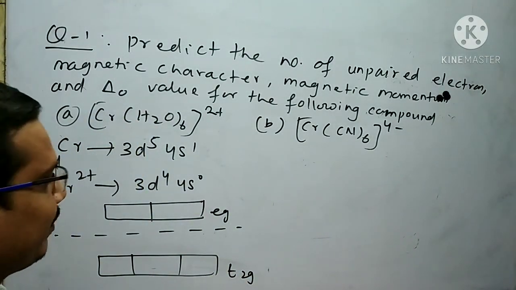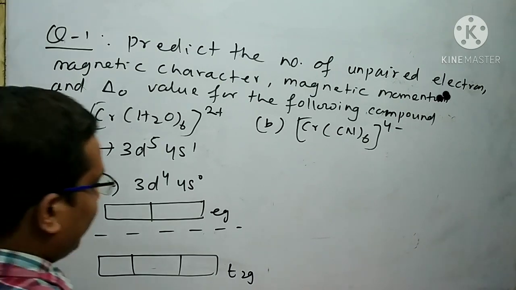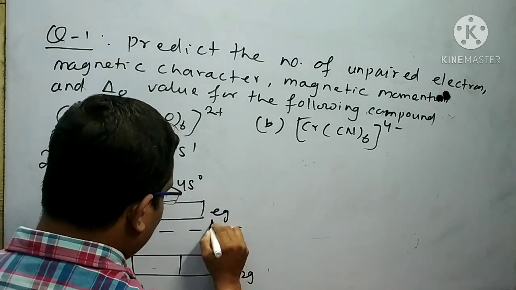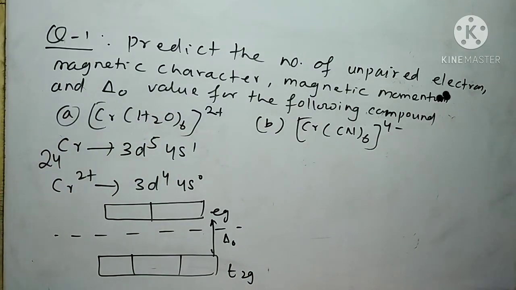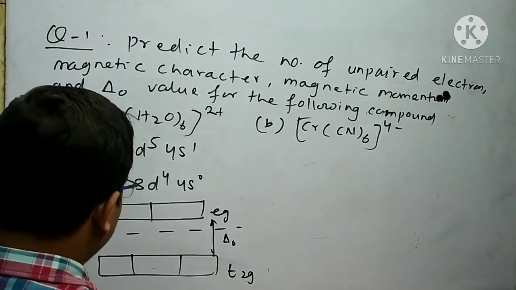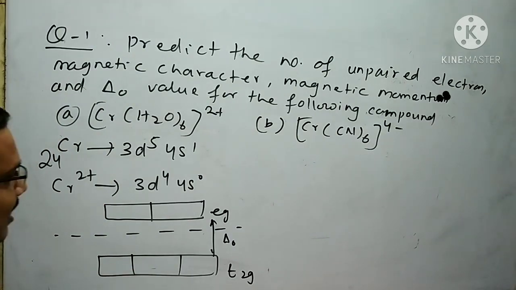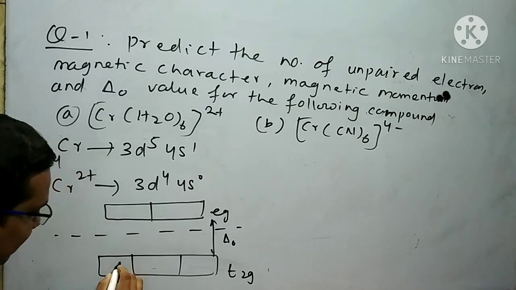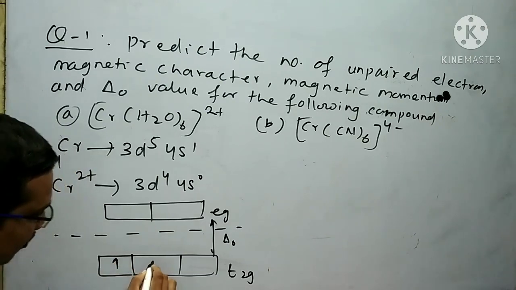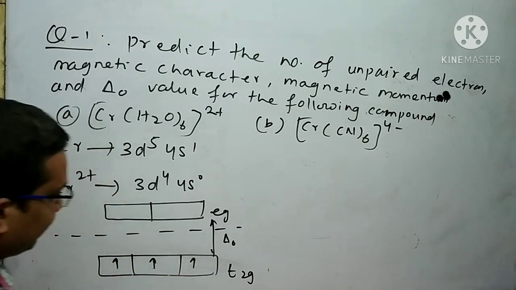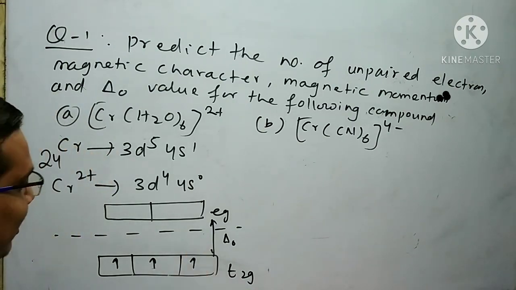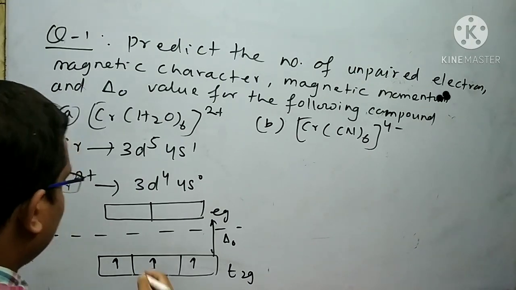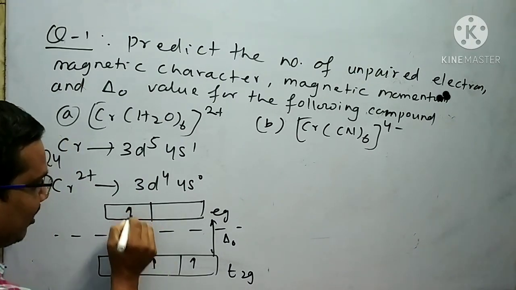Water is a weak field ligand. Due to weak field ligand, the delta 0 value is very small as compared to the pairing energy. So I can arrange the 4 electrons present in the d orbital like this. This is electron 1, 2, 3. Due to less delta 0 value as compared to the pairing energy, the 4th electron is present here.